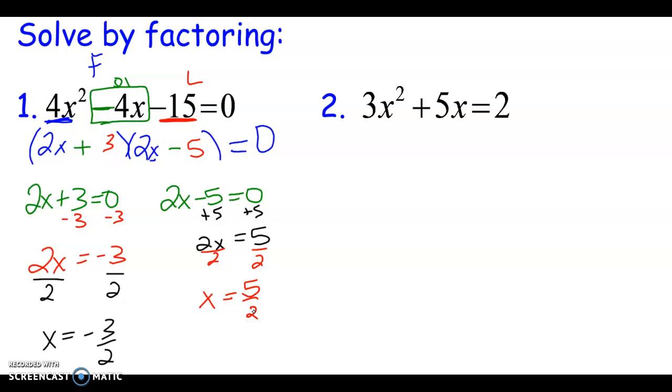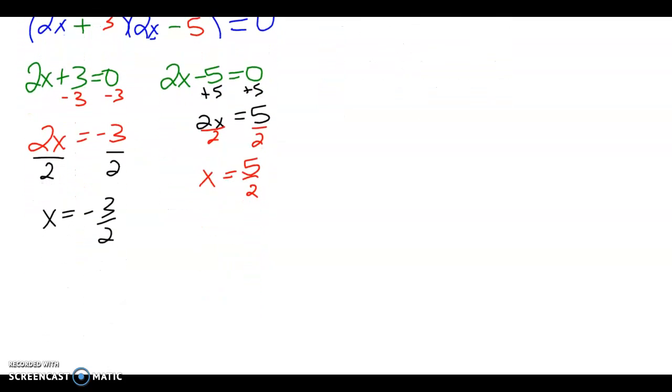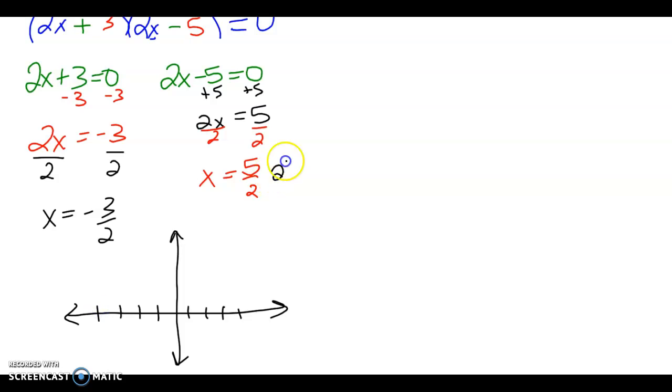So this one was not in equation form. This one was set equal to 0. But let's say that was equal to y. So if these are my two solutions, what would that graph look like? That's saying that these are the zeros, the solutions. 5 halves is like 2.5, right? And negative 3 halves is like negative 1.5.